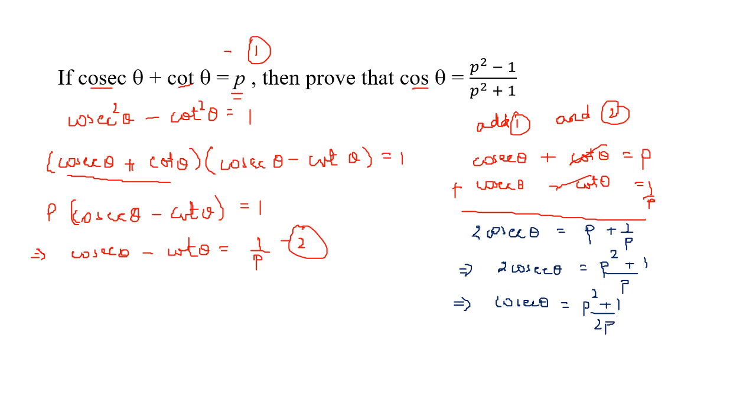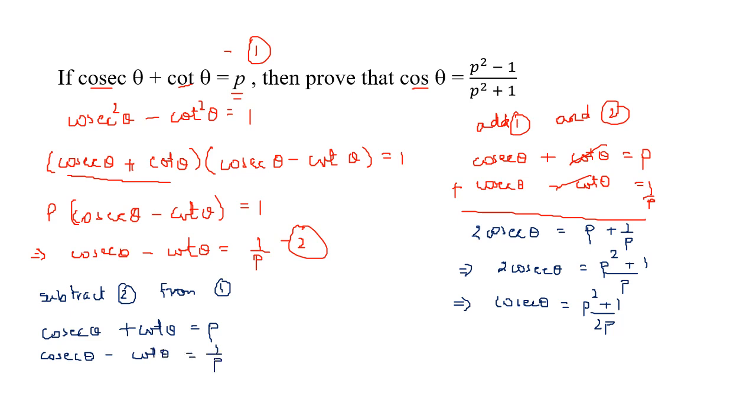Now what I am going to do next is I am going to subtract 2 from 1. Now see how the sum is going to change. Again we have cosec theta plus cot theta equal to p, and cosec theta minus cot theta equal to 1 upon p.